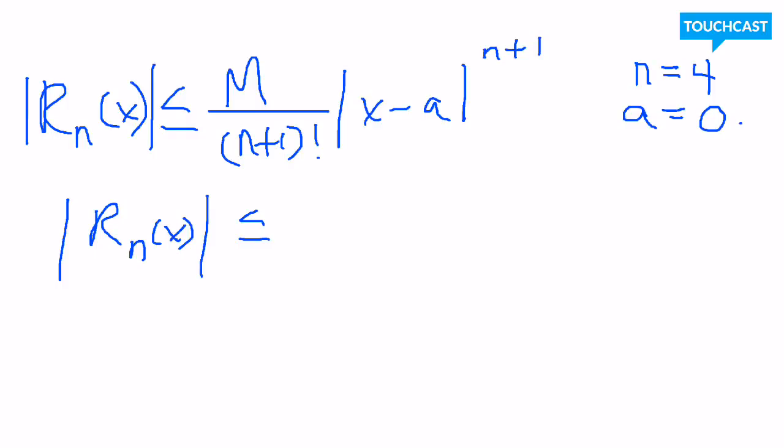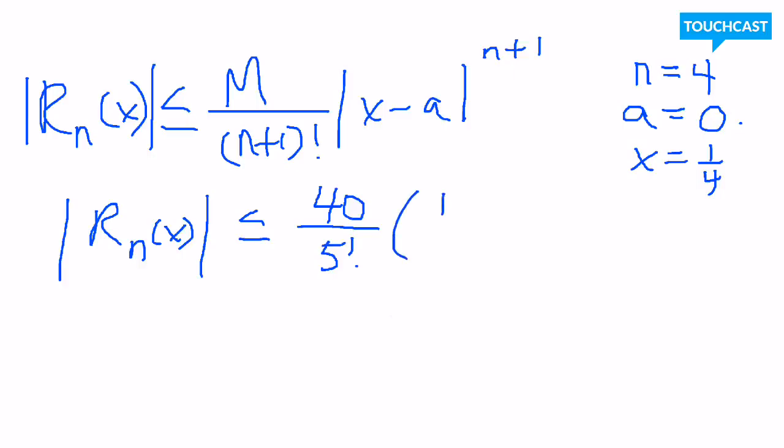So now I'm going to use some of those numbers. I know the absolute value of my error is going to be less than or equal to, I said I'm going to use 40 for my M. n is 4, so n plus 1 is 5. This is going to be 5 factorial. And x minus a, remember a is 0, and the thing I want to plug in for x is 1/4.